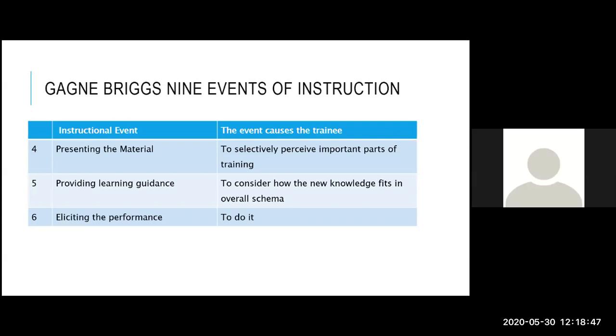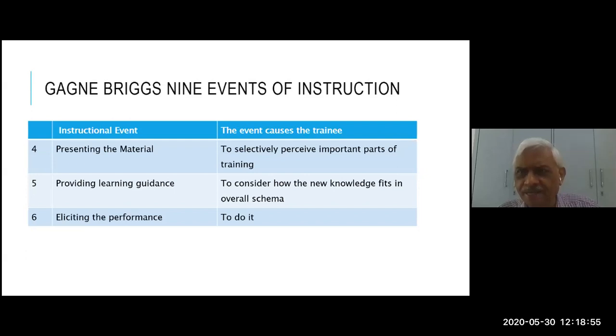Sir, I want to know, while designing a training program, do we need to cover all these 9 events? Yes, while designing a training session. It is not a training program. A training program consists of many sessions, but here we are coming to one particular session.